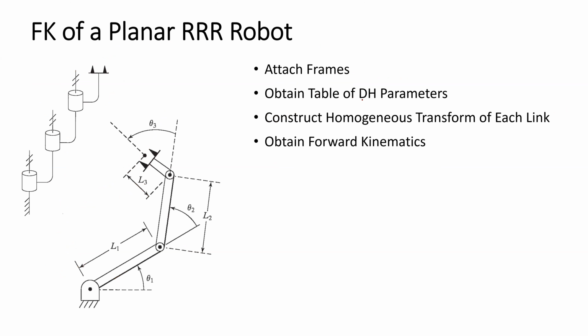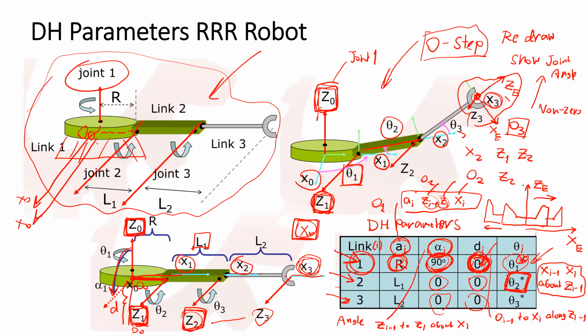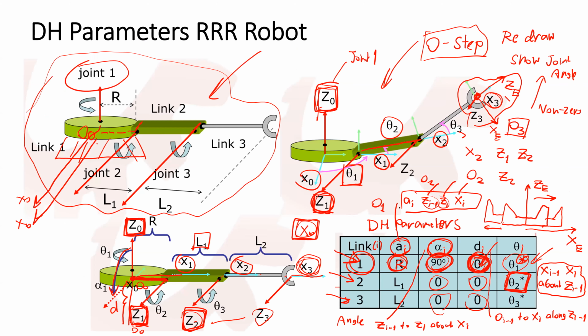The link length is the distance between C(i-1) to C(i) along the x_i axis.